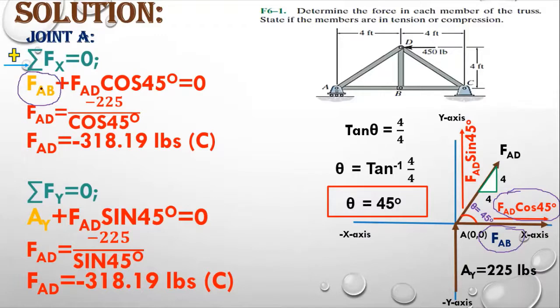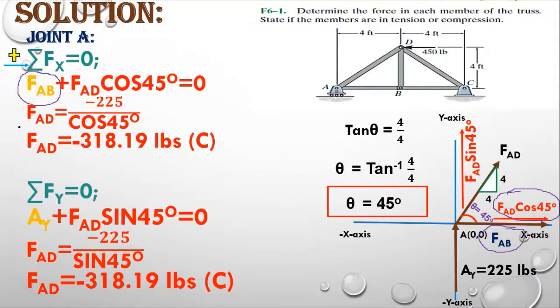So we put the value of FAB, that is 225, and it is positive. If it is positive, we move it to the other side, so it becomes negative, and cos 45 degrees goes to the denominator. So FAD equals minus 225 divided by cos 45, coming out to be minus 318.19 pounds, compressive.